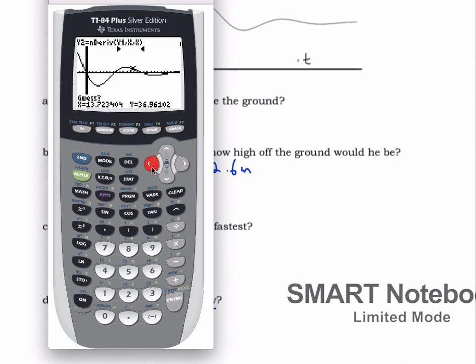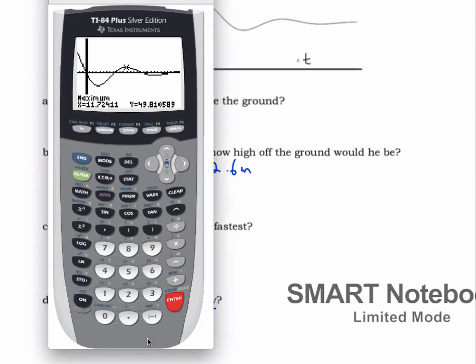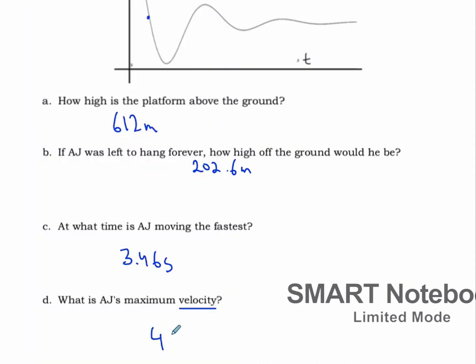My guess is going to be over here. Alright. Oh, let's try to go closer to the maximum. There we go. So that gives us, it takes a while, 11.7 seconds, and 49.8 is actually the maximum velocity. So max velocity is 49.8. Okay, that's meters per second.